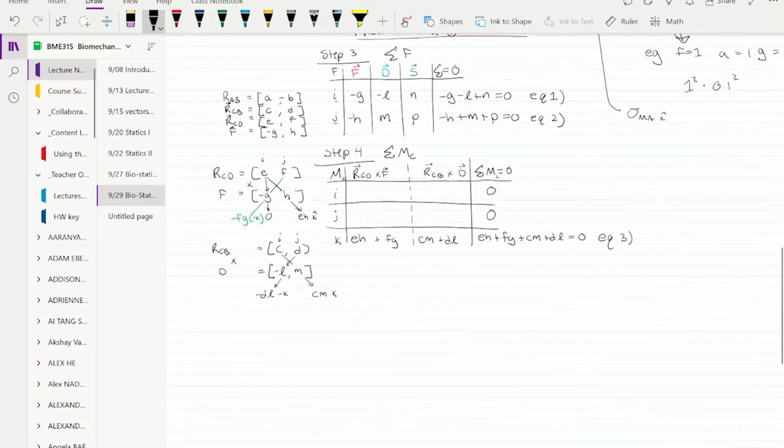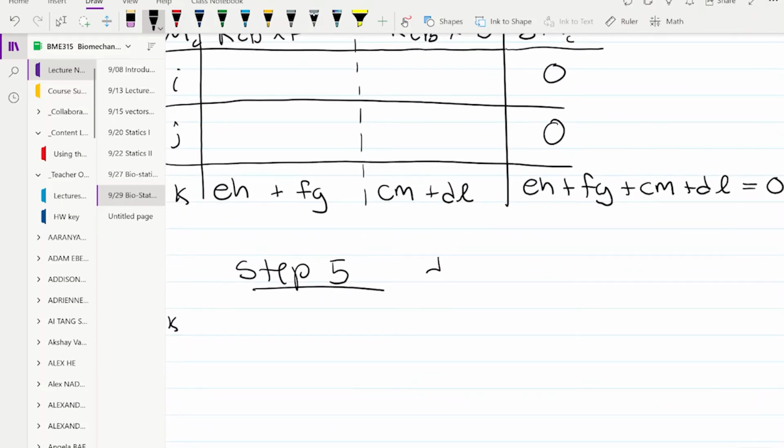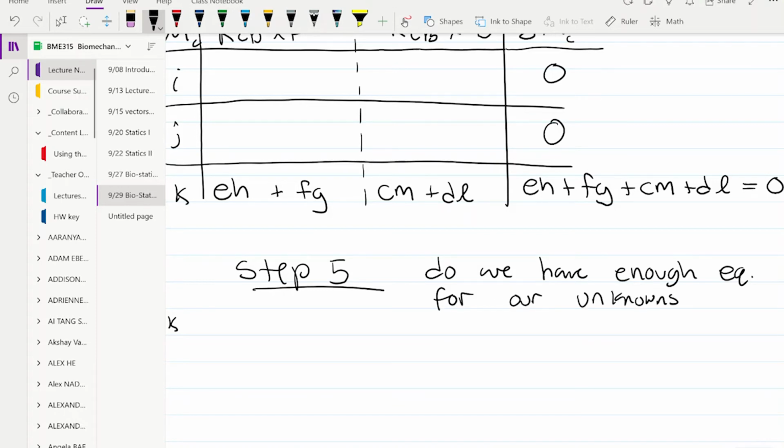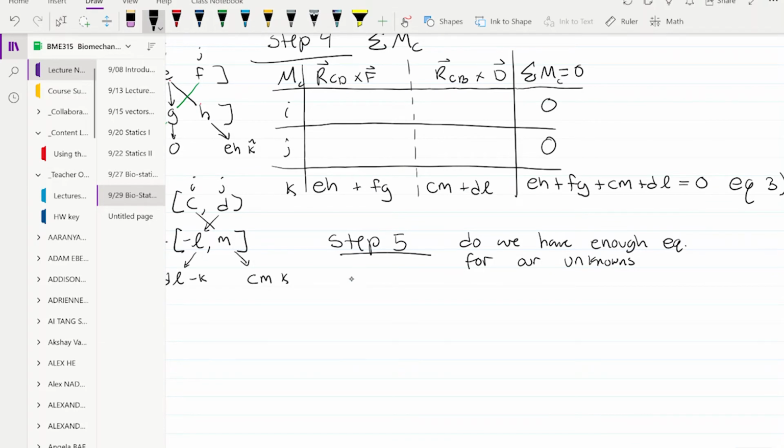All right, step 5. It says, do we have enough equations for our unknowns? So let's make a table real quick. Unknowns.